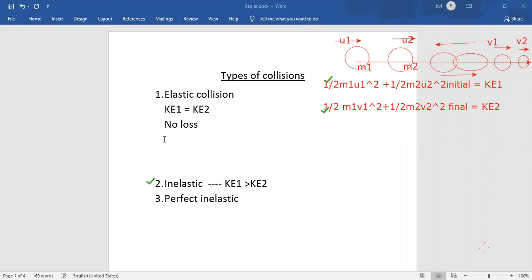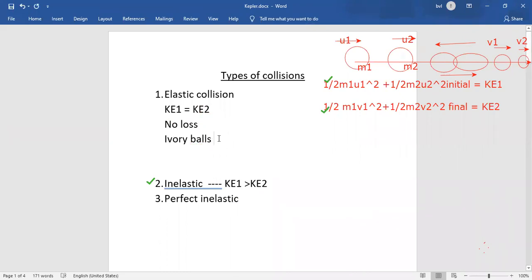And the examples are here. Elastic collision always occurs between two smooth balls, smooth surfaces, like ivory balls. Ivory balls have smooth surfaces.